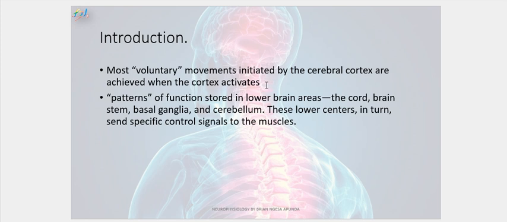Remember, we divided our cerebral cortex into various parts, the sensory and the motor part, and various areas of the cortex in charge of different functions. But here we are majorly focusing on the motor aspect. This should give us the voluntary aspect of the motor movement.